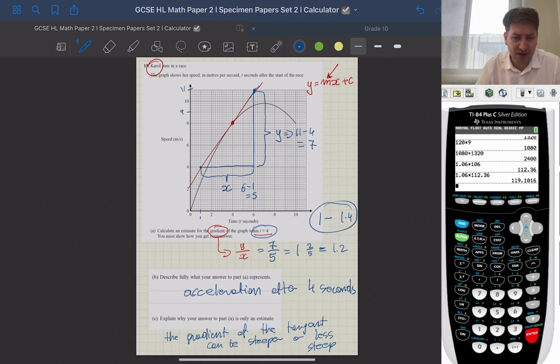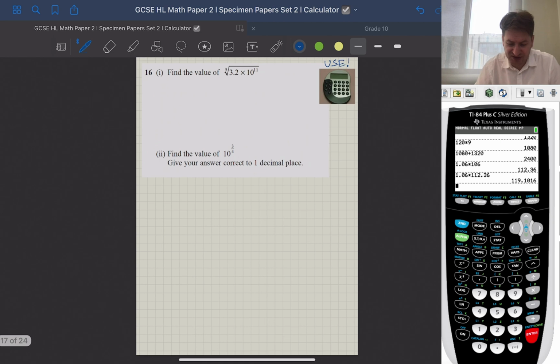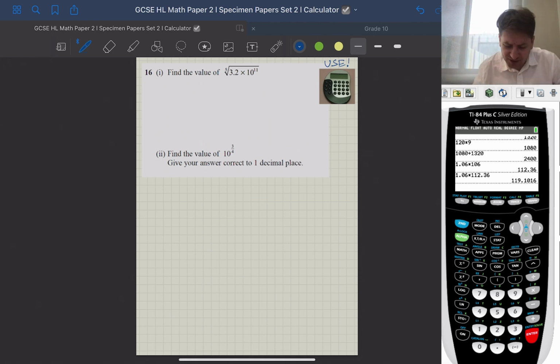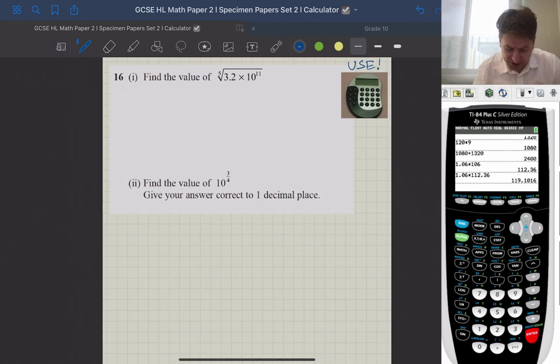And now let's move on to the next question, question 16. Find the value of that. So let's use a calculator for this. I don't see a way to just do 10 to the power of 11, good luck with that. And then it's not a square root, it's a fifth root. So how are we going to do this on this calculator?